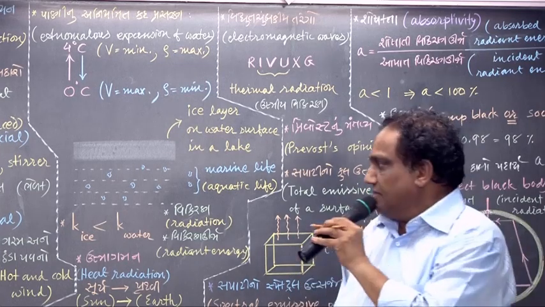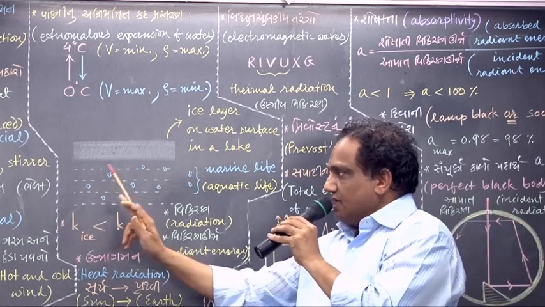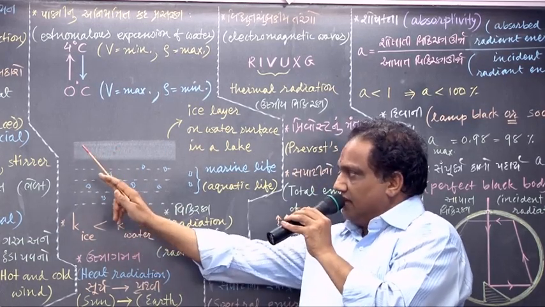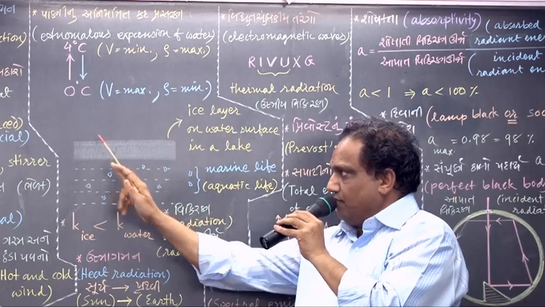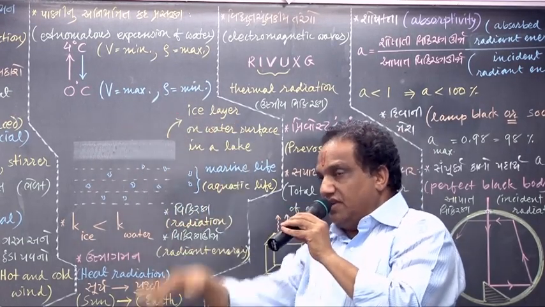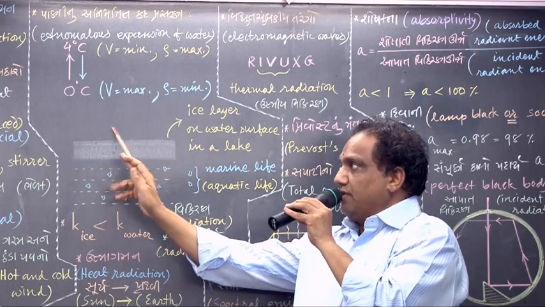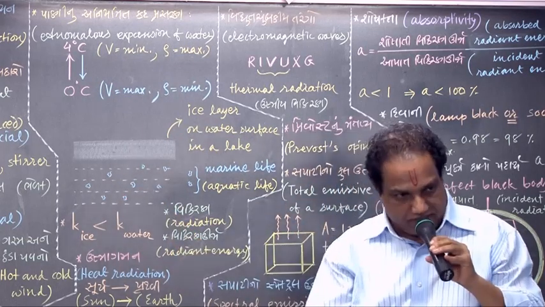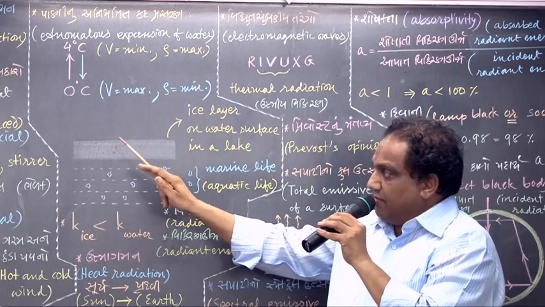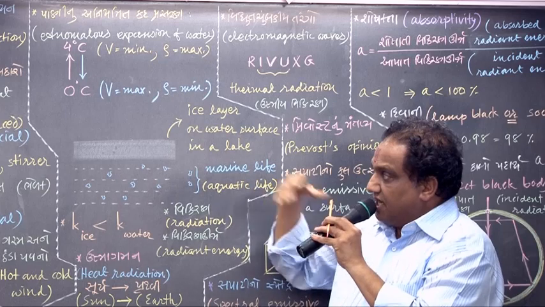Okay, fine. Now look. Consider a lake, and there is a water surface at the top. But in the winter, if there is drastic fall in the temperature, suppose temperature of atmosphere falls suddenly, then if it goes on the minus side, immediately this water will start losing heat.